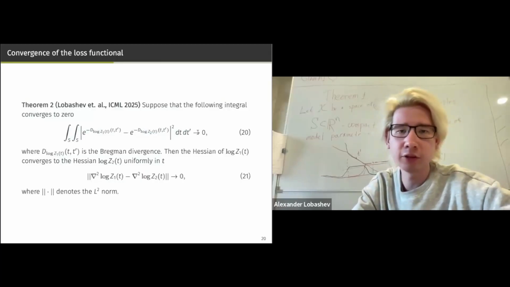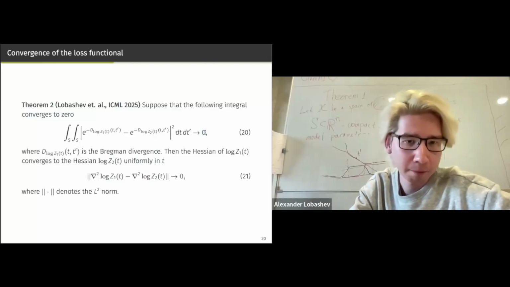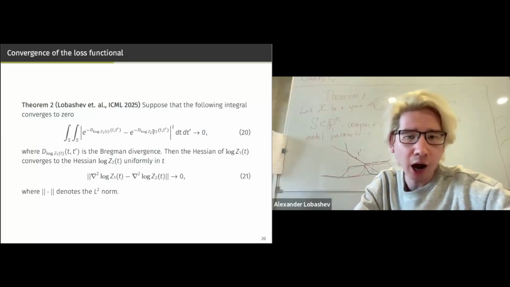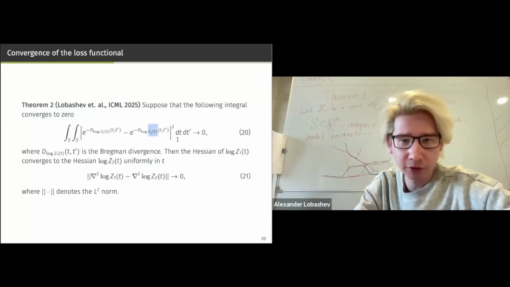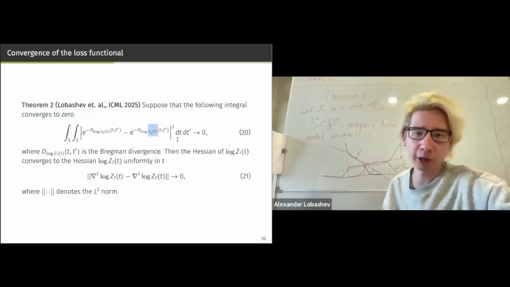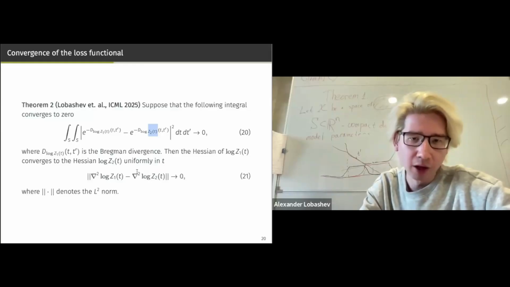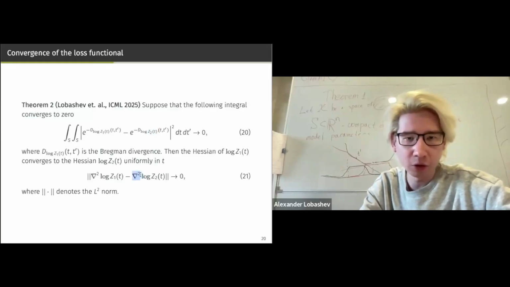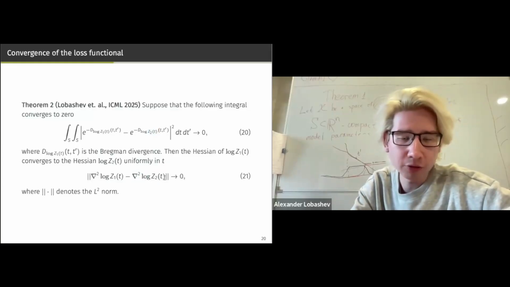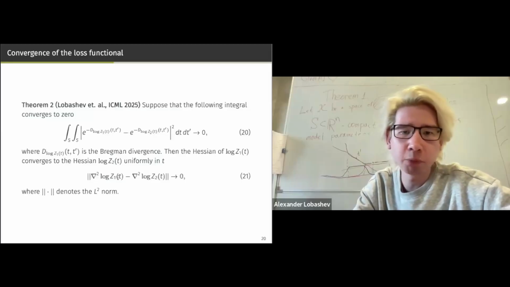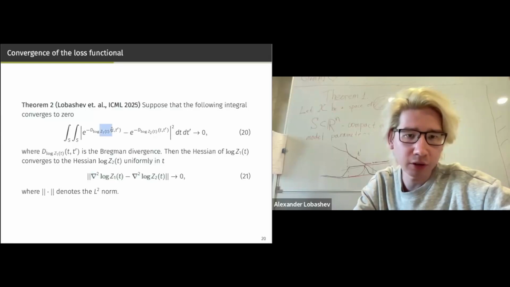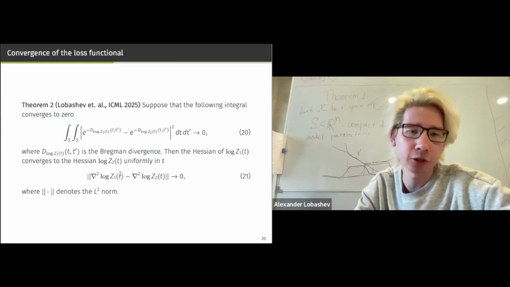And if this loss converges to zero, then our reconstructed function Z2, which we found by minimizing this loss, if we take these optimal parameters and take the Hessian of this function, will pointwise coincide with the Hessian of the initial convex function.